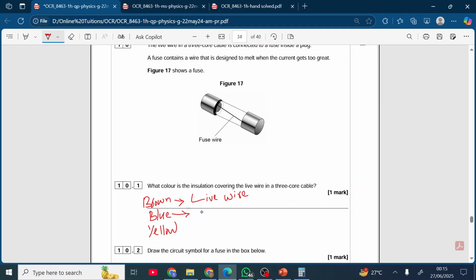The blue wire always shows you the earth wire. It's just for your information. And the yellow wire, which is actually having green and yellow stripes together, yellow plus green stripes, it actually shows the ground wire.